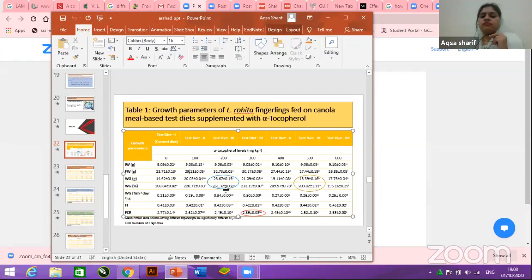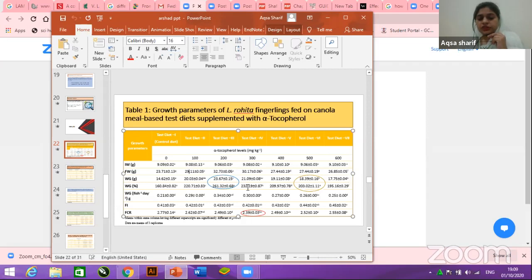And after the test diet 3, the good results were obtained by adding the test diet 4, having 300 milligram of the alpha tocopherol, and these results were 20.1 gram of the weight gain and 232% of the weight gain.